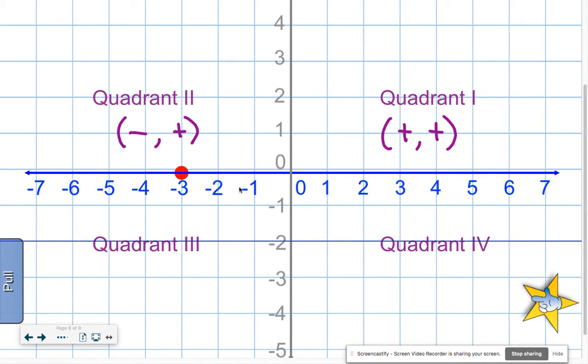Quadrant 3, we start with a negative number, and we go down to negative numbers. And quadrant 4, we go over in positive numbers, but we go down, which is negative numbers. So each quadrant has a different type of positive or negatives that go with them.